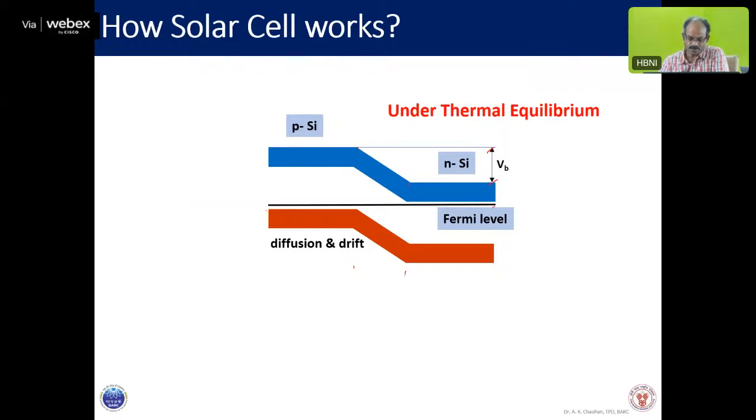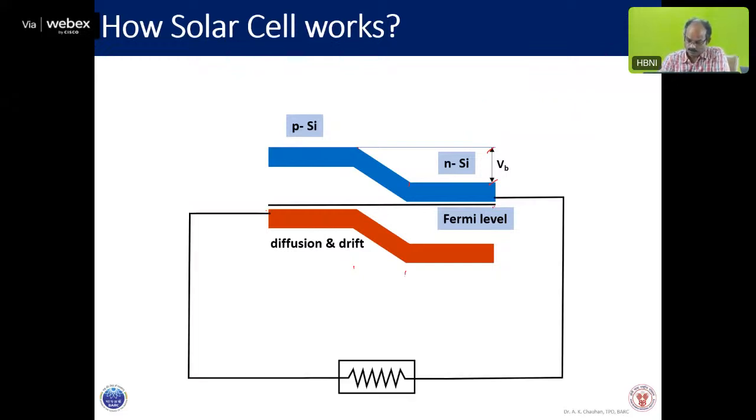Now what happens when you make a contact between p type and n type, then connect it with a load, and it becomes your solar cell. What happens when a photon falls? An electron and hole pair are generated, as we saw yesterday.